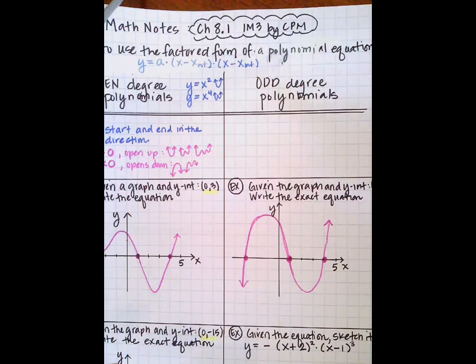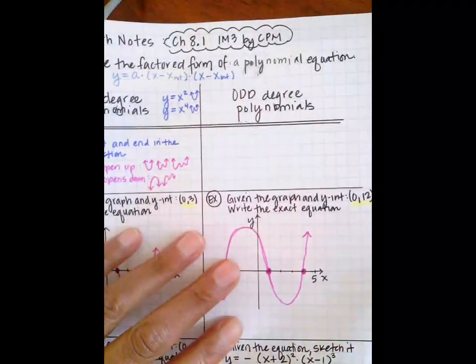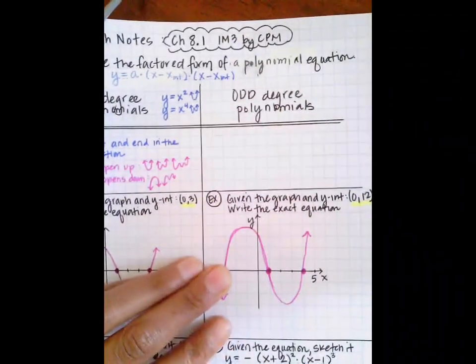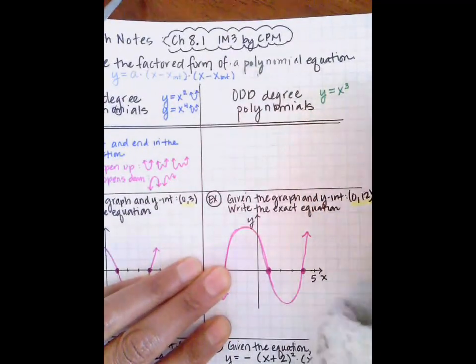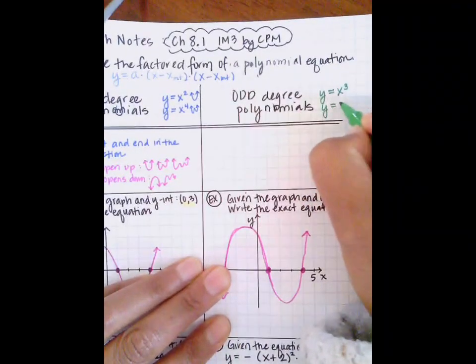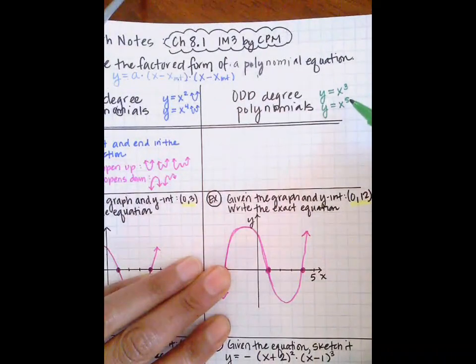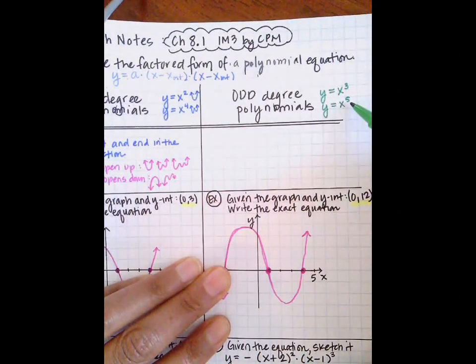So they're not negatives and they're not fractions. And so some examples that fit into this particular category when it's odd are going to be like y equals x cubed, or y equals x to the fifth. Those are examples of odd numbers. And again, the degree of the polynomial is dictated by the term that has the largest exponent's value.